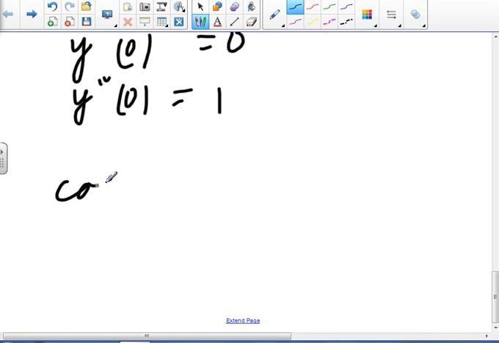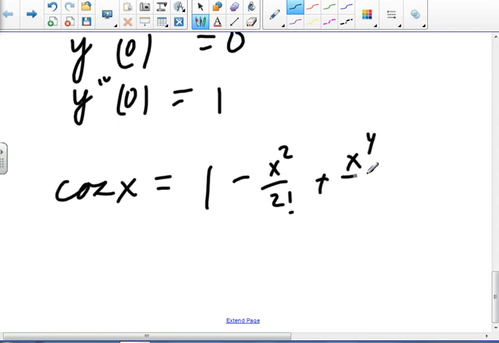So the expansion of cosine is going to be 1 minus x squared over 2 factorial, plus x to the 4th over 4 factorial minus x to the 6th over 6 factorial.